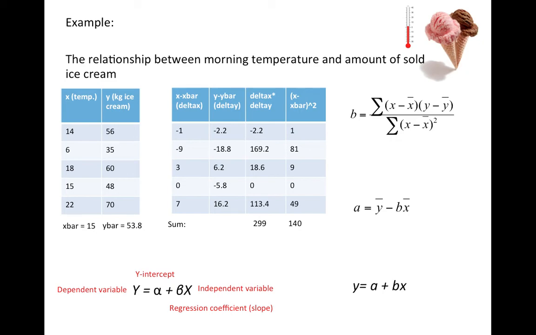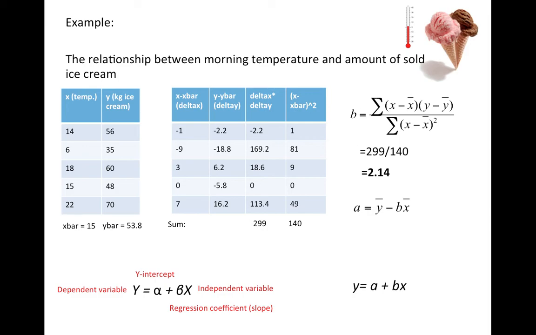So now we have all the numbers we need to calculate b. The sum of the multiplied differences, 299, divided by the sum of delta x squared, which is 140. And this gives us a value of 2.14 for b.